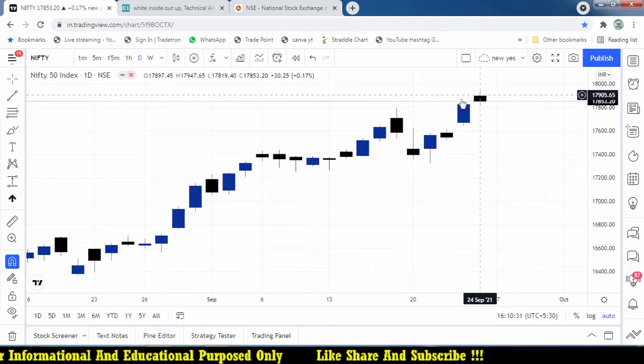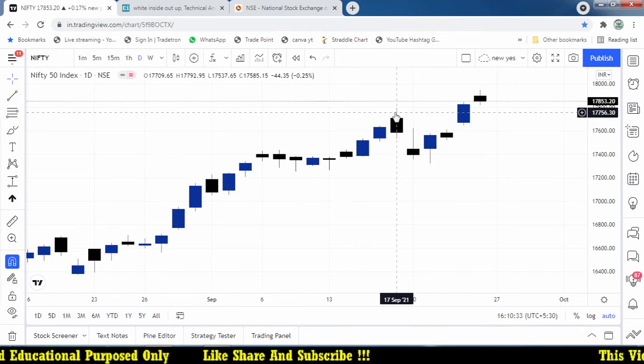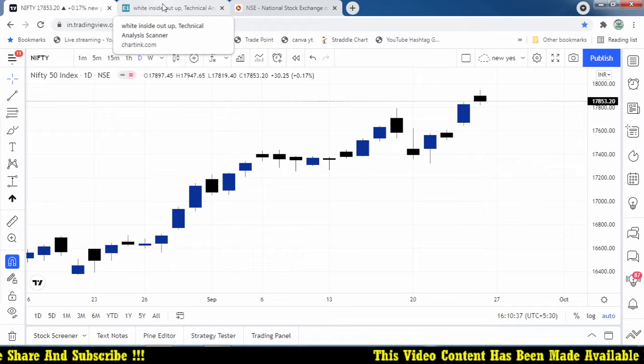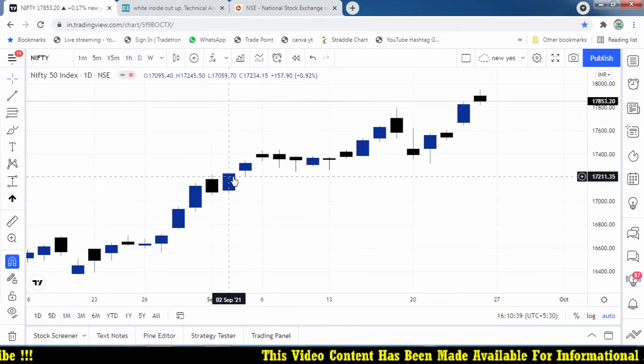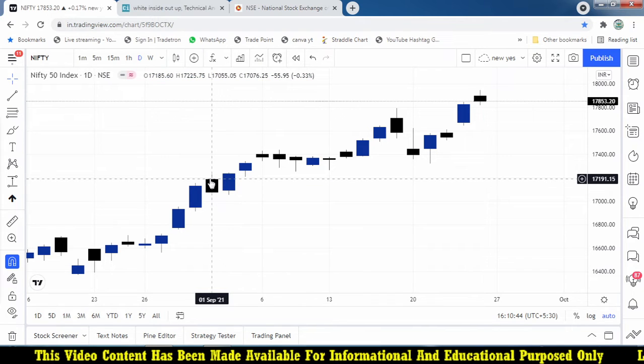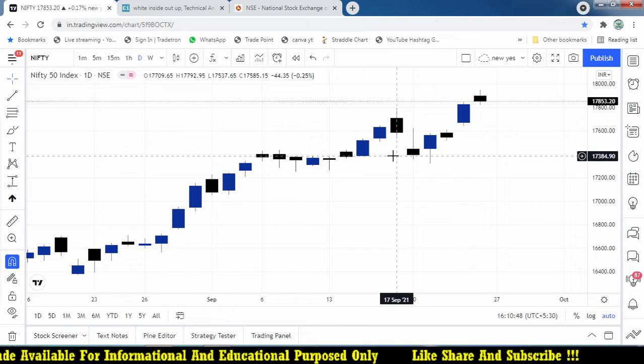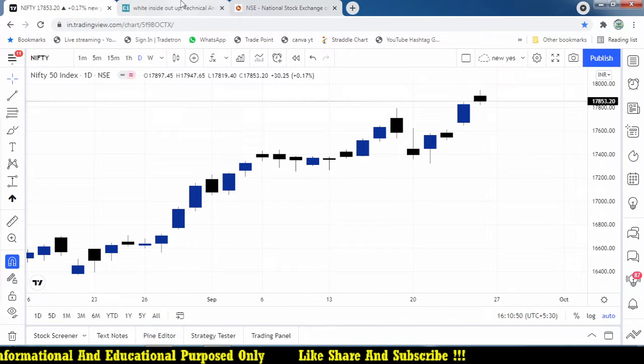Now it is 17,800, almost a 600 point rally. So you are 100% sure to make money on those options. If you are buying a call option in Nifty, the risk for the trade is 17,245 with the low at 17,055. So almost 200 points risk. It generates more than a 600 point return on that investment.